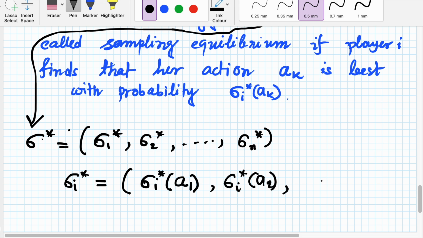Now suppose the player has mi strategies, what is the probability of the mi-th strategy. So this will be denoted by sigma.